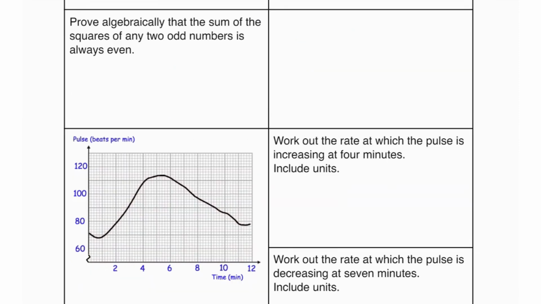And the next question says, prove algebraically that the sum of the squares of any two odd numbers is always even. So let's assume that the first number is 2a plus 1 whole squared. So that's going to be 2a squared plus 2 times 2a times 1 plus 1 squared, which is basically 4a squared plus 4a plus 1.